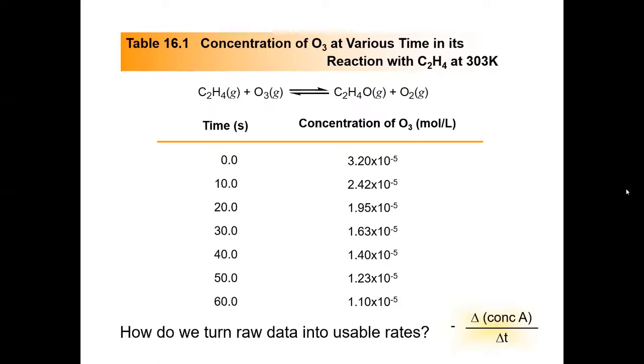Okay, so first thing that we can look at here is that the concentration is going down. So we have those data points and we have times. Now, this does not allow us to directly pull out the rates, right? We can't just pick one of those numbers and say 1.95 times 10 to the minus 5 is a rate, correct?